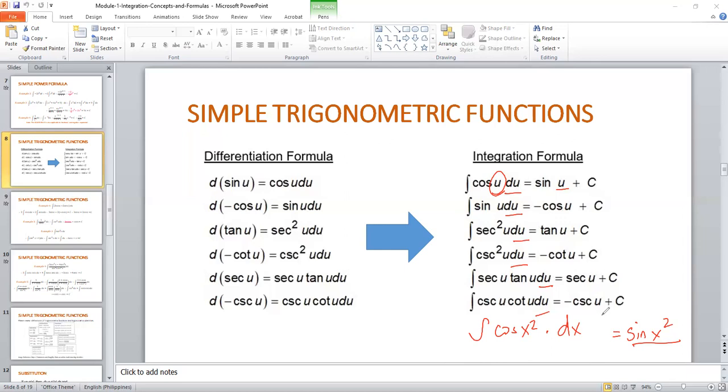That way, accompanying your trigonometric function, whatever it is, is the derivative of its argument. Miss Ali, what do you mean by the argument? The argument is the u or the theta of your trigonometric functions. It is comparable to the name of a person, Juan Tamad.